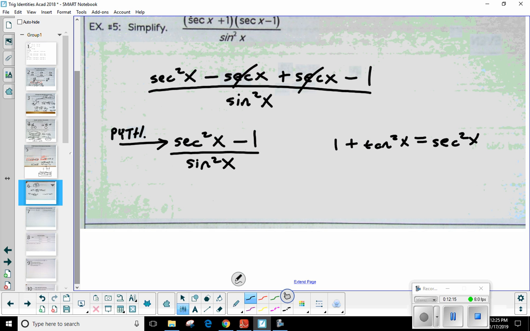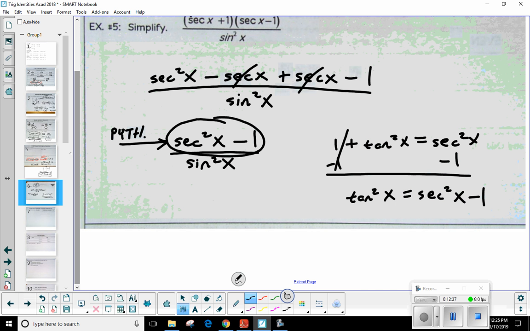So if I were to subtract the 1 over, those are going to cancel. So there's the secant squared of x minus 1, but what should that equal? Tangent squared of x. See, I know by manipulating that identity, secant squared minus 1 is tangent squared, so I'm going to replace it with tangent squared.